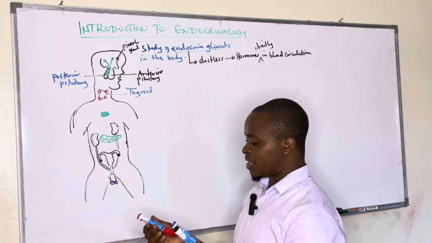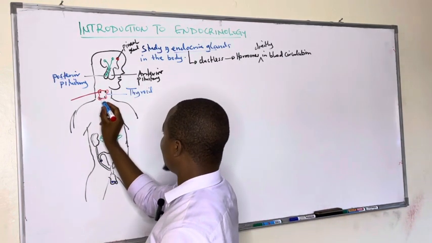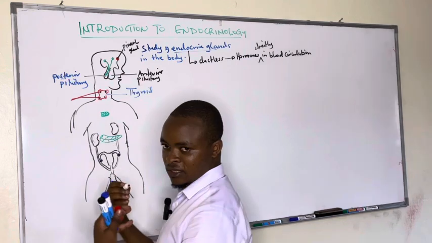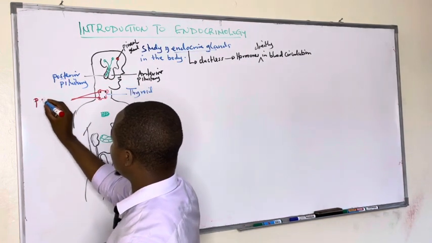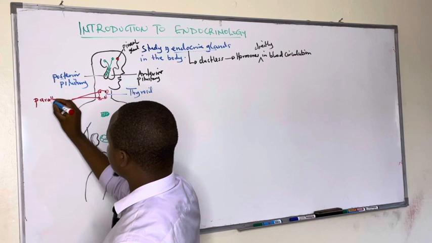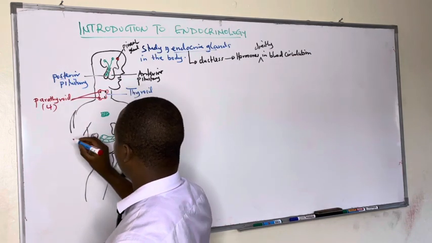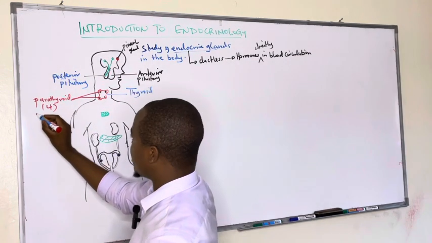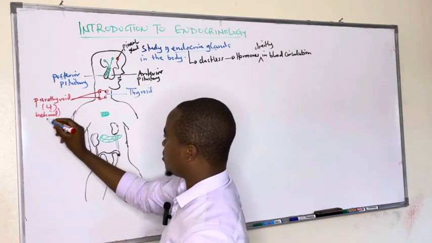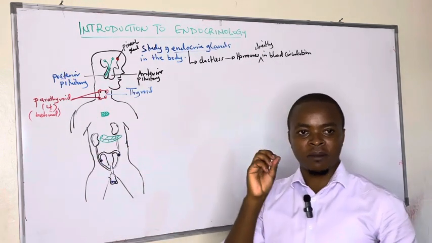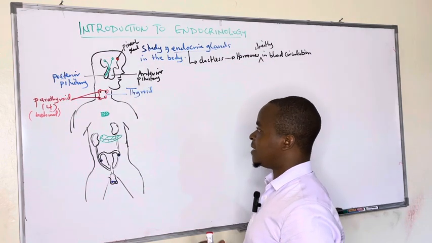These parathyroid glands are 4 in number, found behind the thyroid. They are located behind the thyroid gland, 4 of them. Those are what we call parathyroid glands.